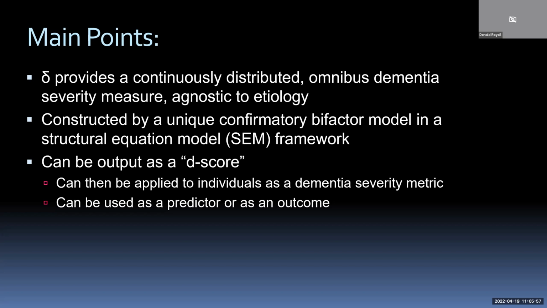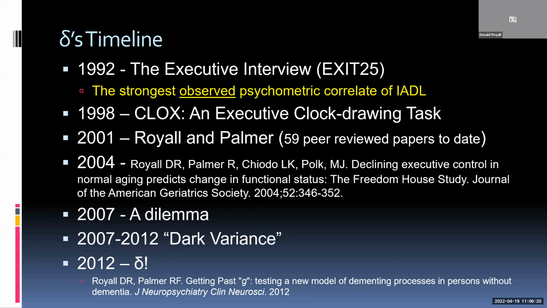You construct it by a unique confirmatory bifactor model in a structural equation model framework. The latent Delta construct can be output as a D-score, a factor score essentially, and then that can be applied to individuals as a dementia severity metric or used as a predictor or an outcome in different analyses.